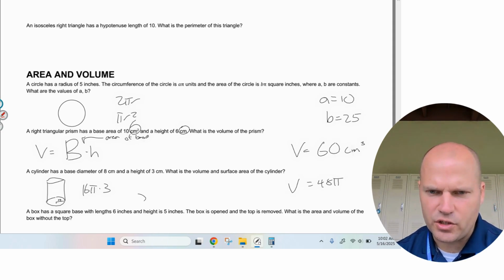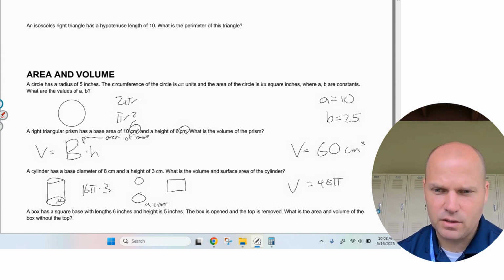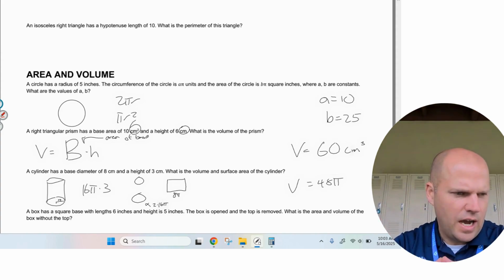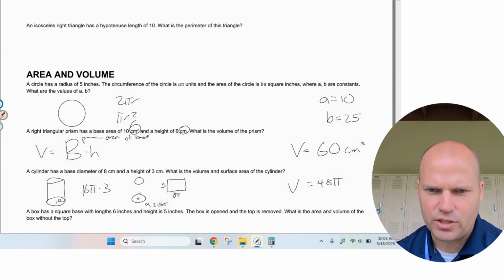Ooh, what about the surface area? Surface area, I got 2 circles. So I got 2 16 pies. And then I have this rectangle, which is going to be 8 pi after I roll out the cylinder. I have the circumference becomes that length and the height stays at 3. So that's 24 pi.